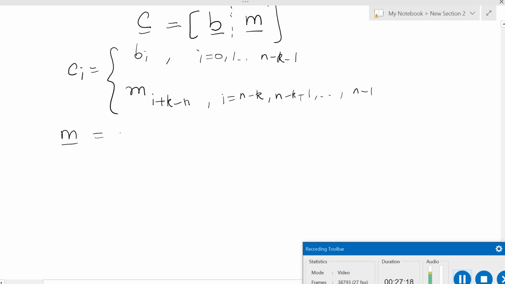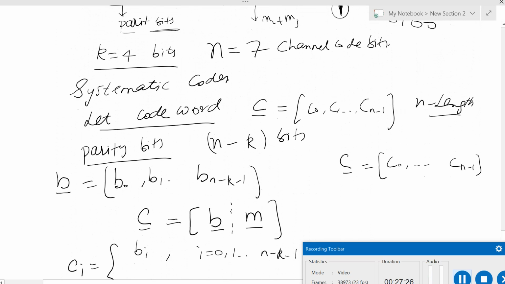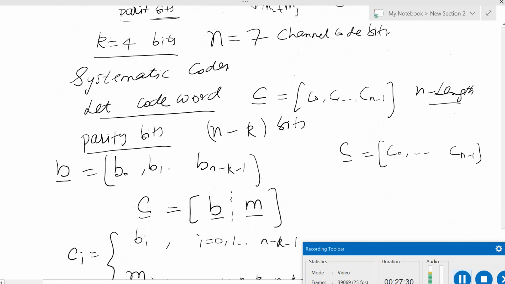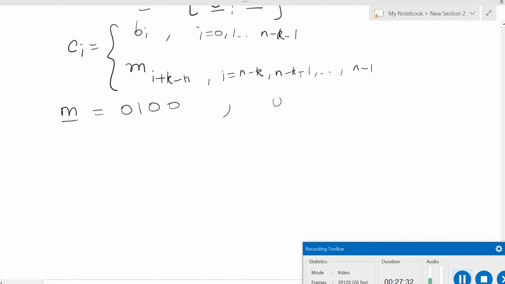Let's again take this. We had taken m equal to 0, 1, 0, 0, right? And we got 3 parity bits as, if you see here, 0, 1, 1, right? How did we get those parity bits? Let's see it carefully.